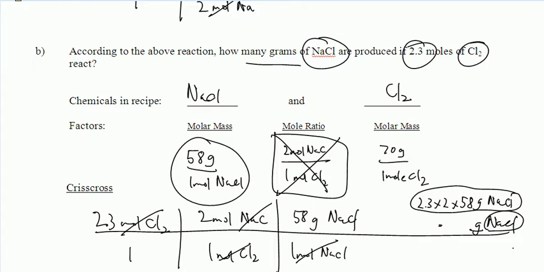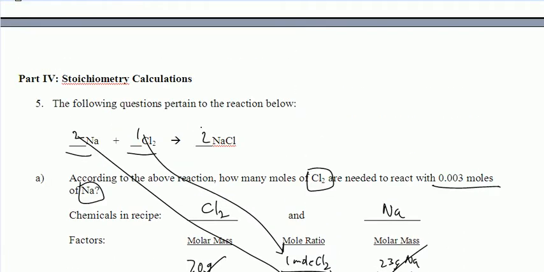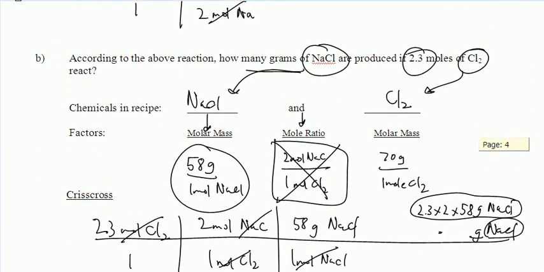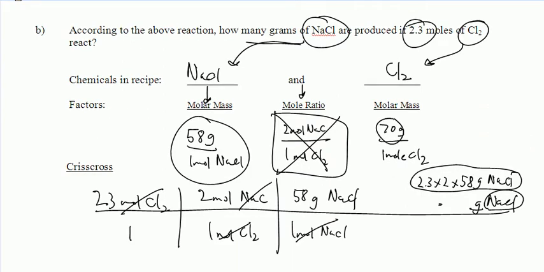If you notice here, NaCl and Cl2 were the two chemicals involved in the problem. So I wrote the molar mass of NaCl, I wrote the mole ratio between NaCl and Cl2, and that came from the balanced equation. And I wrote the molar mass of Cl2.